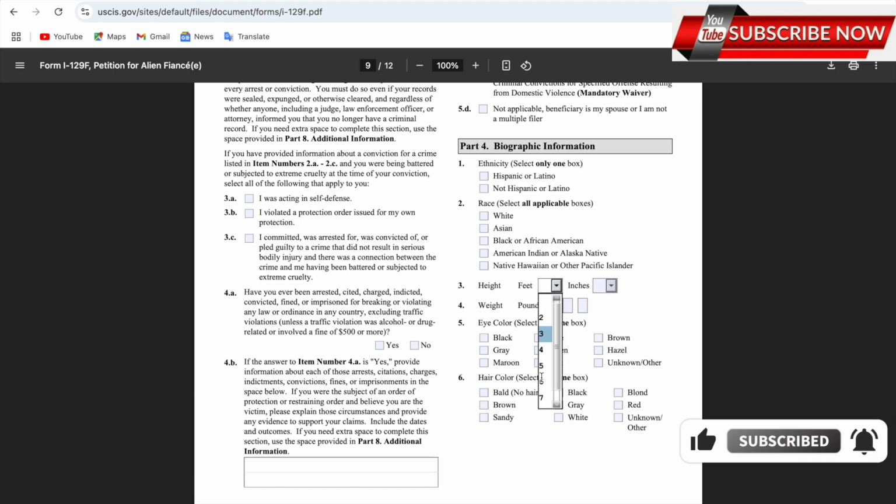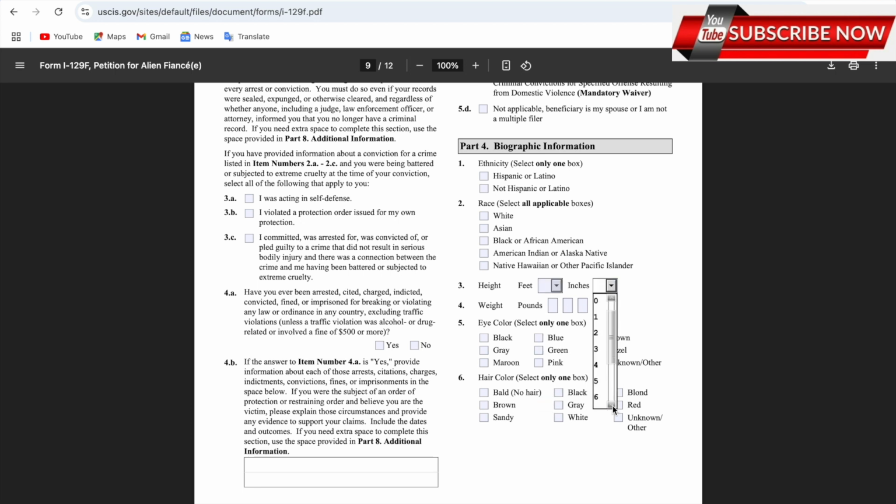When you drop down, it gives you the feet, up to 8 feet, and the inches, it gives you up to 11 inches. So whatever feet and inches you are, you put it there.